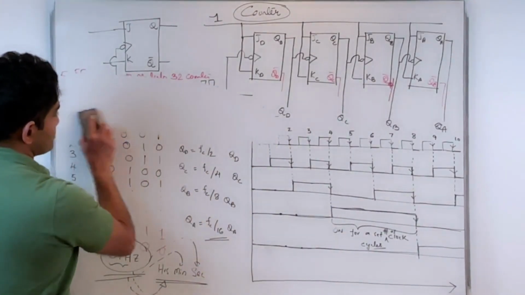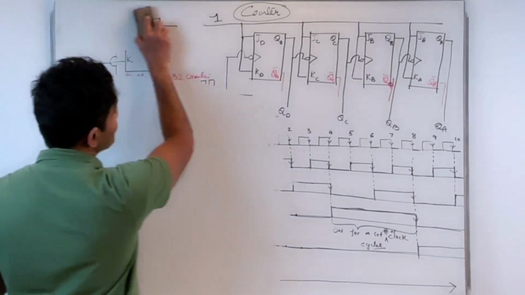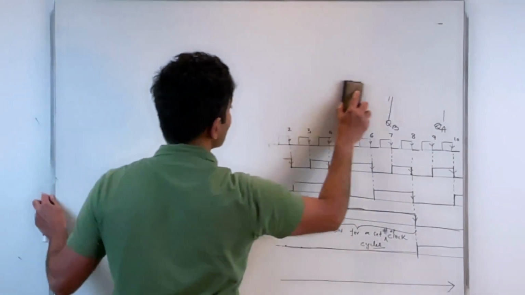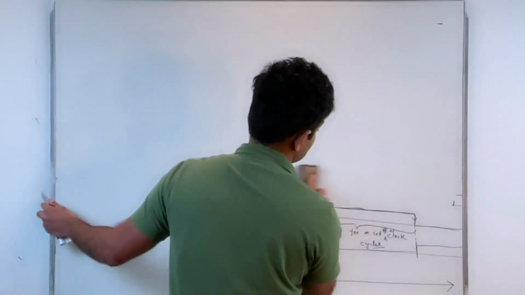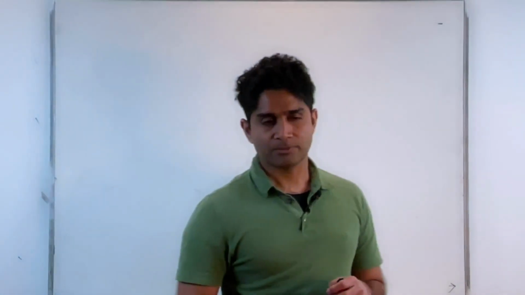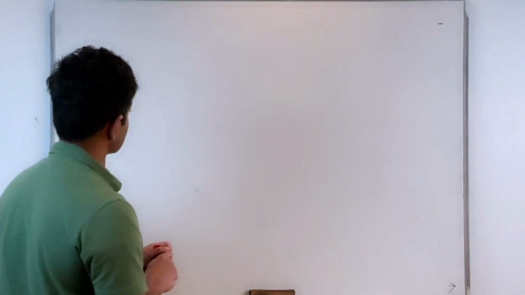So let's examine this particular situation, where I have two shift registers, two 4-bit shift registers, and what I want to do now is copy the content of one 4-bit shift register into the next 4-bit shift register. Without destroying the content on the first register, I want to copy it into the next register and store it. Okay, so this is the situation.